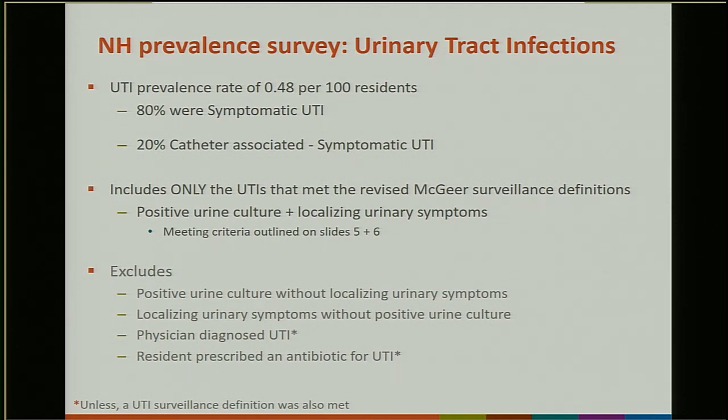This is really the hallmark of doing surveillance, both in the point prevalence survey method and in the NHSN method: you stick to and use the standardized surveillance definition so that we can feel confident that what someone is identifying as a urinary tract infection in one facility is equivalent to what is being identified and reported as a urinary tract infection in another facility in another state.